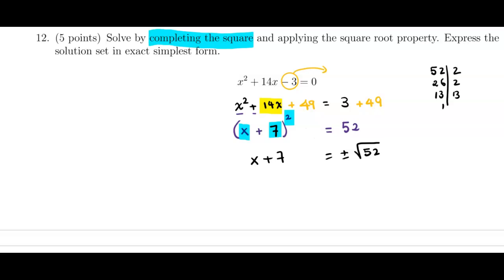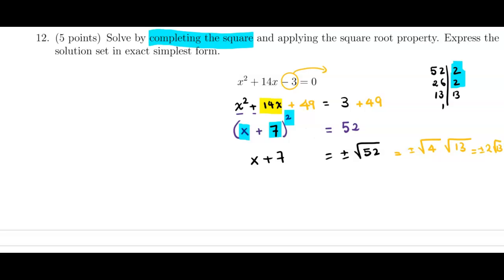So we see here we have a perfect square, which is 2 times 2, which is 4. So it's 4 and 13. I can go back here, and I'm going to use a different color. So this is going to be plus or minus the square root of 4 times the square root of 13, which ends up as plus or minus 2 radical 13.